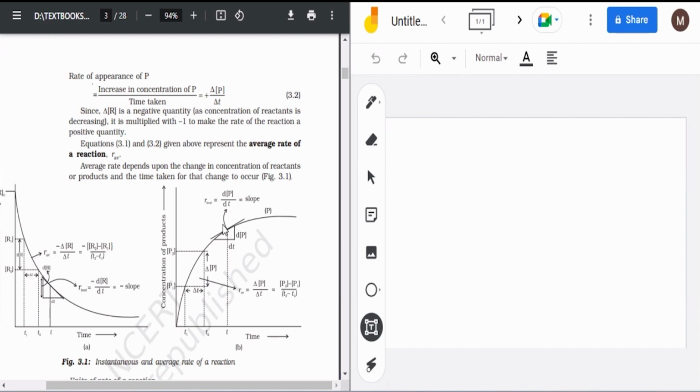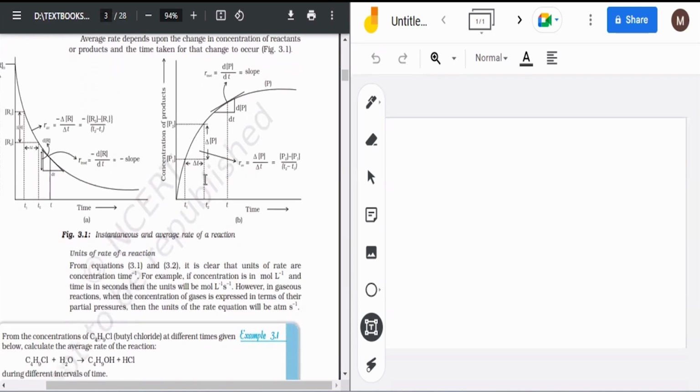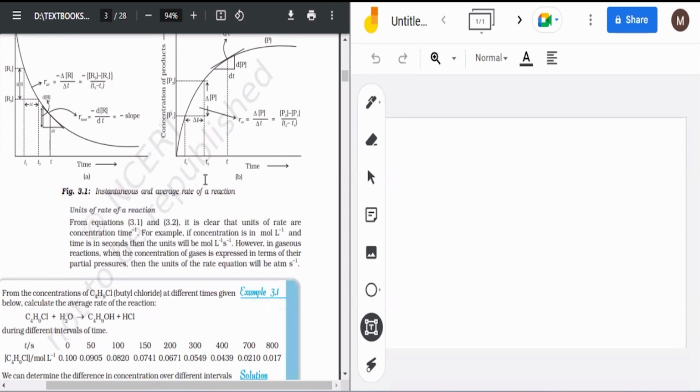You just subtract the initial concentration from the final concentration and divide by time, and you will get the average rate of reaction. फिर यूनिट ऑफ रेट ऑफ रिएक्शन: कंसंट्रेशन के मोल पर लीटर होती है, टाइम की होती है सेकेंड. सो रेट ऑफ रिएक्शन की यूनिट हो जाएगी मोल पर लीटर पर सेकेंड, which is an important thing. You should remember this.